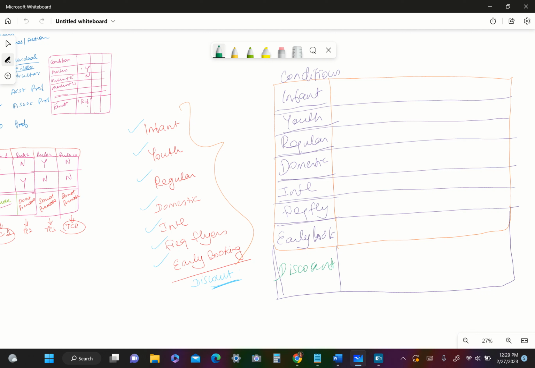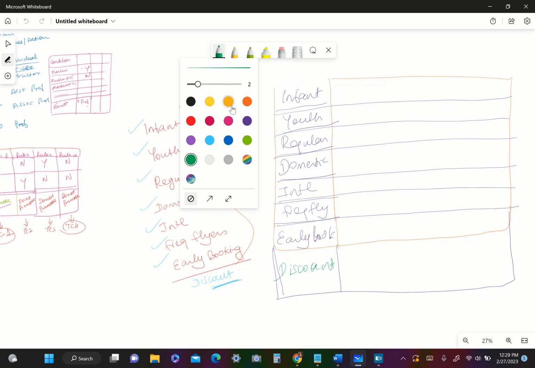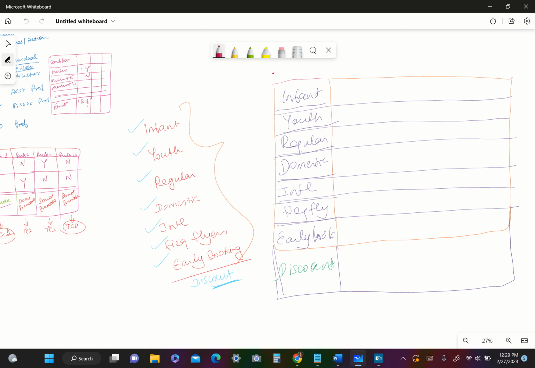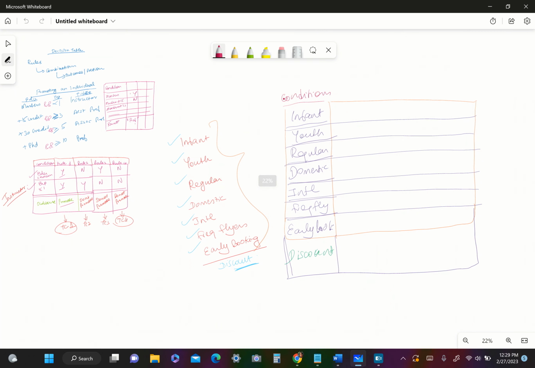Okay, infant. We are now going to be looking at the rules. Let us make this a little clearer. Here we could have multiple conditions that are satisfied for each and every column. Each column will translate into a test case in the future.